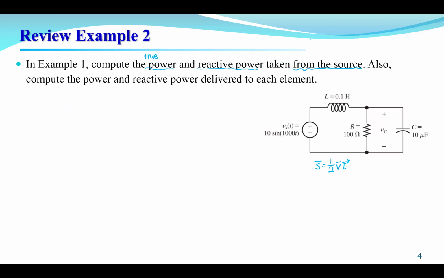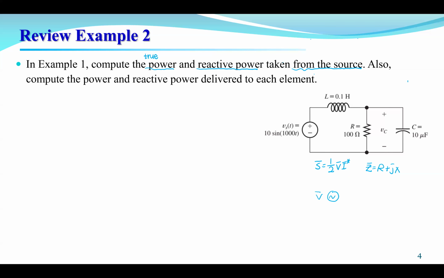And if we convert Z into R plus JX, and we also find out I RMS. So this is V, this is I. Okay, let me draw this.